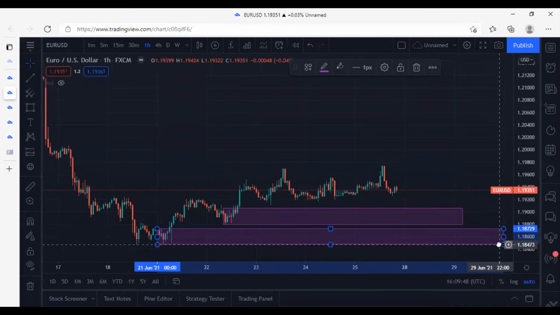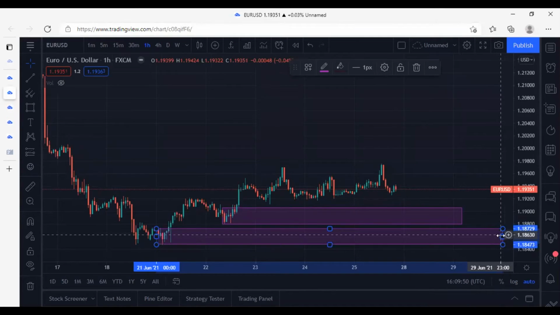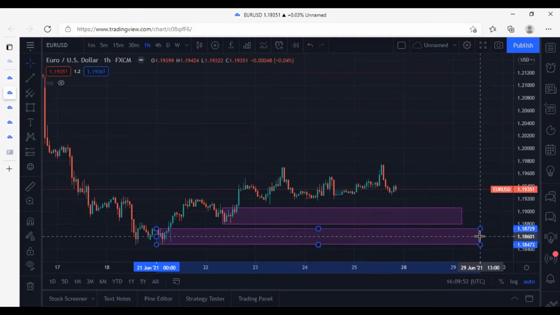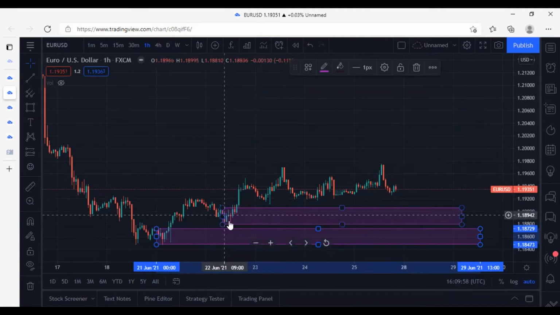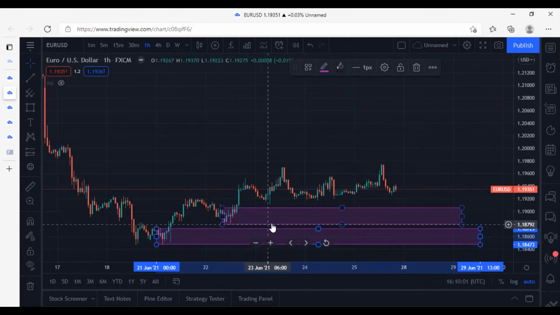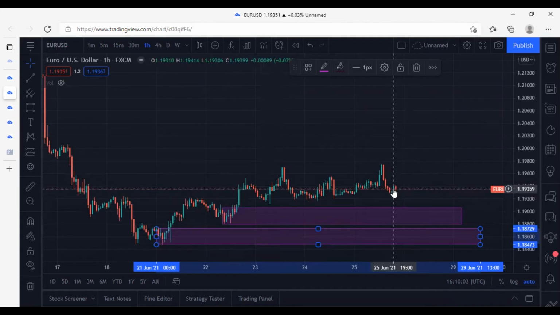I'm marking an area, so it doesn't necessarily mean it's the last candle or not the last candle. I'm just looking at the area. Especially this area, we're going to focus more on it. So we are looking at the candles coming down to this area and reversing to the upside, continuing the bullishness.